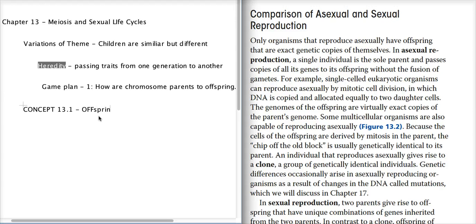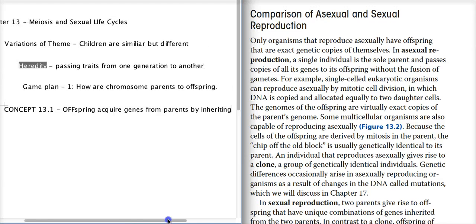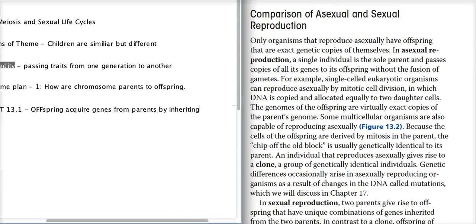Offspring acquire genes from parents by inheriting, and I need to be able to see what I'm doing here. Let's make this bigger.